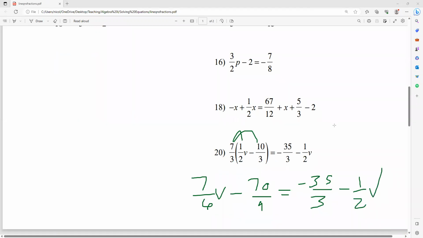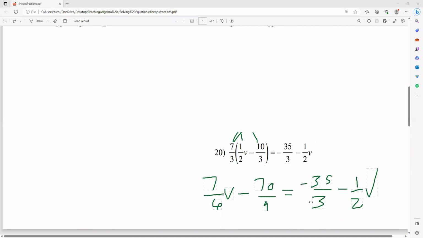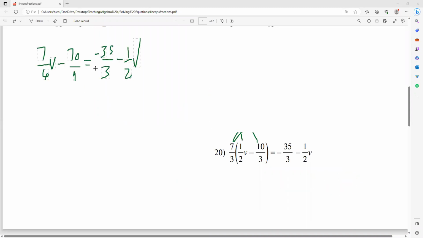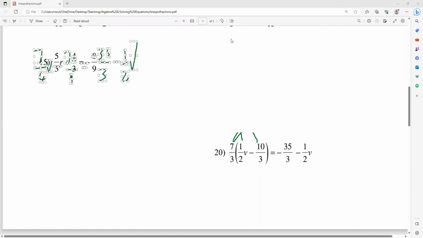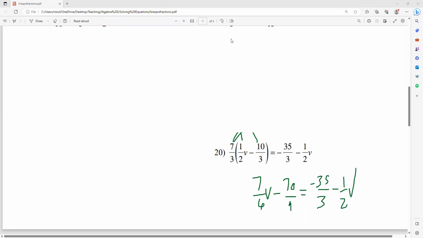I need more writing room, so I'm actually going to move this over here. Okay, so now I need to move variables to one side and numbers to the other. Uh-oh, where did it go? Why did it do that? Hold on. I'll just rewrite it over here. Okay, so I'm going to add 70/9 to the right, and I'm going to add 1/2v to the left, because remember, you want to put variables on one side, numbers on the other.